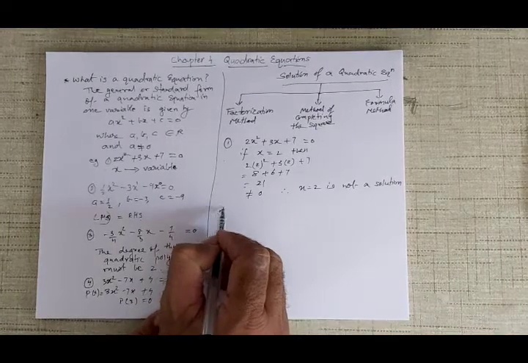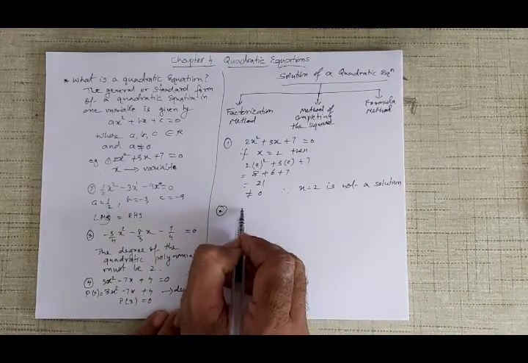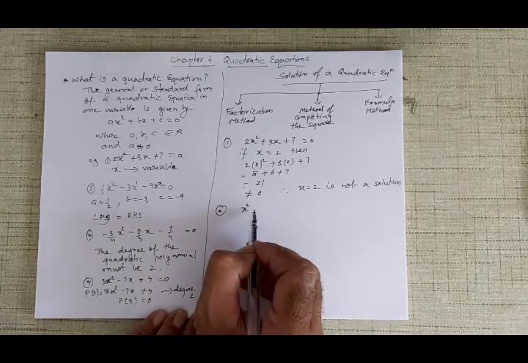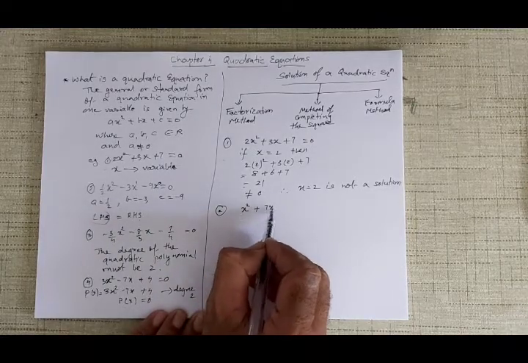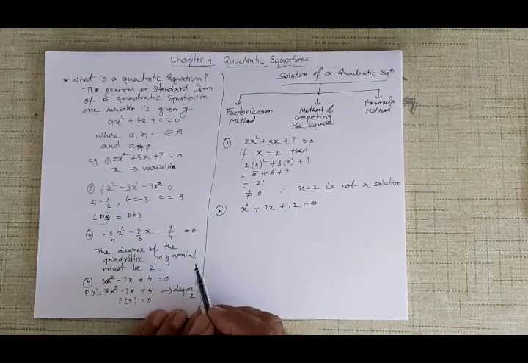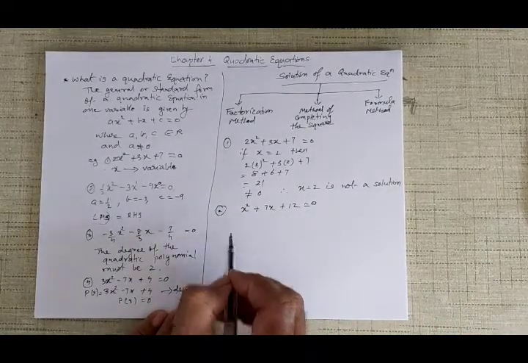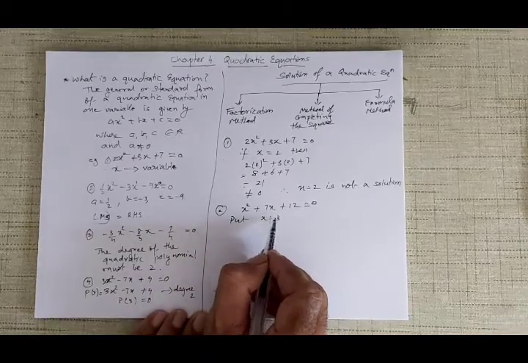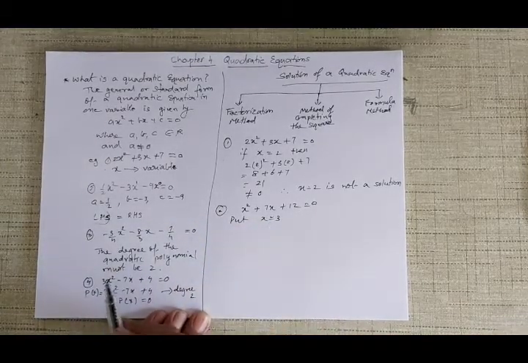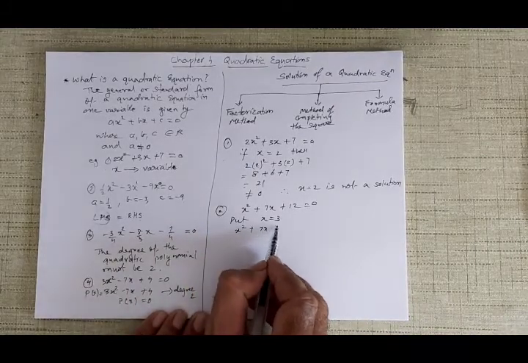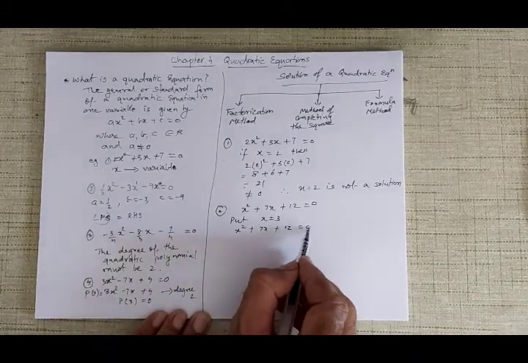Let us take another one. For example, x square plus 7x plus 12 is equal to 0. Now in this case, let me put x is equal to 3. Suppose I put x is equal to 3. Then what do I get? x square plus 7x plus 12 is equal to 0 or not?